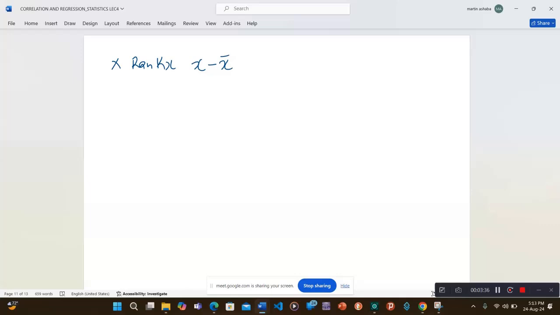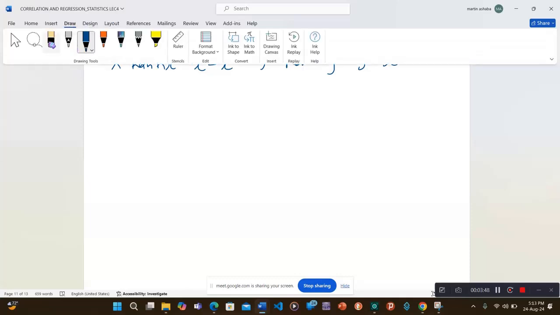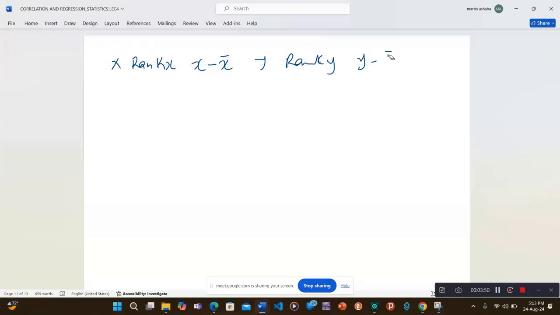Then we need to get y, then the rank of y, then y minus y bar. Why am I doing this? I'm just doing a table that is going to help us do the Pearson, but also the Spearman's rank correlation coefficient.